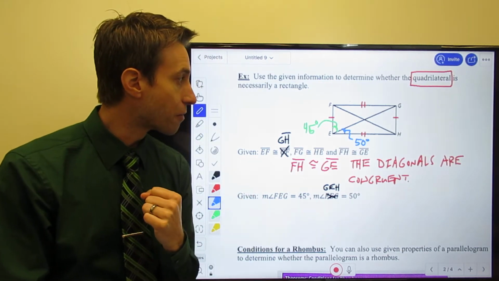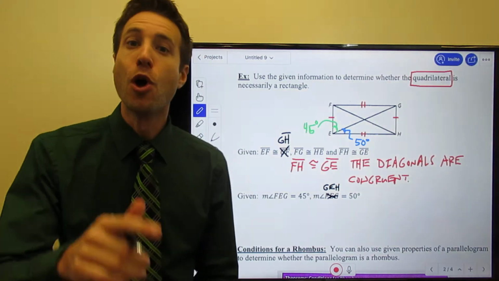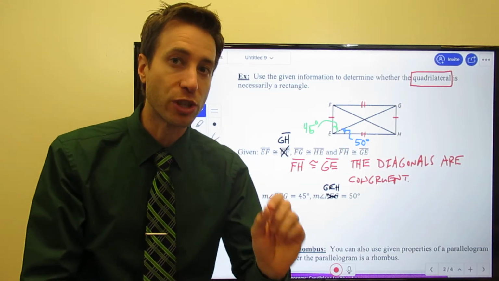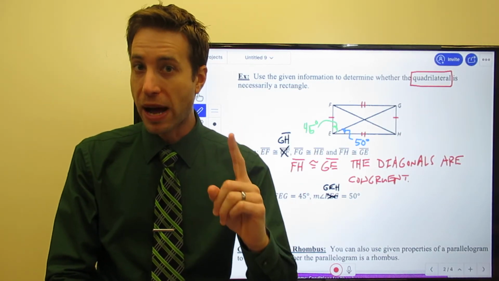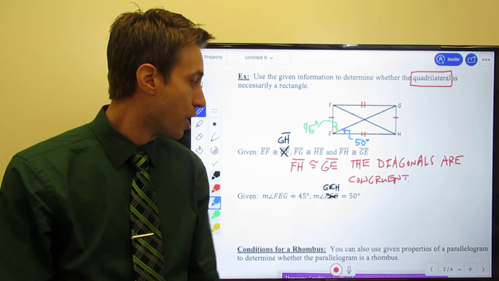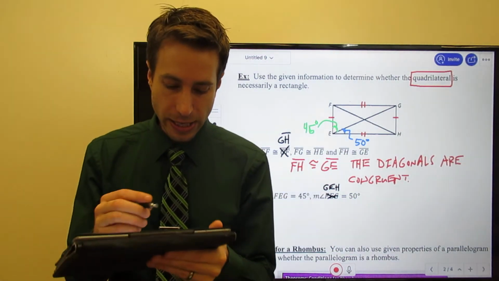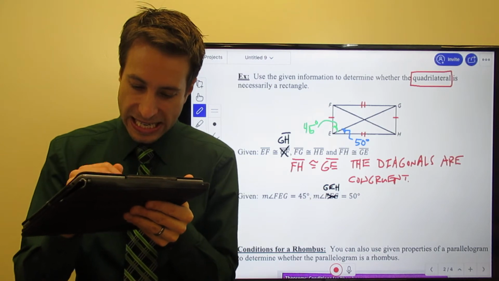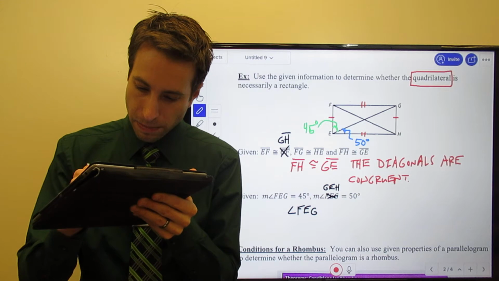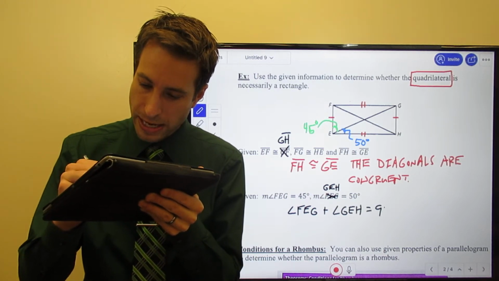Now, based on that information, can I say for sure that this is a rectangle? Well, this one goes back to that first condition in the table on the previous page, which says if you have one right angle, then yes, the figure must be a rectangle. So all I need to know is, do these two angles sum to 90 degrees? Well, let's find out. I need angle FEG plus GEH to equal 90 degrees.